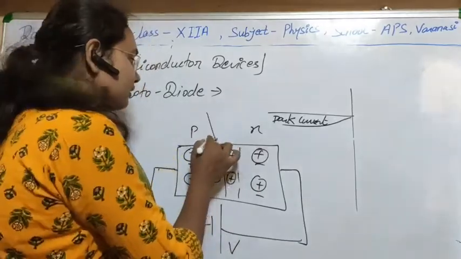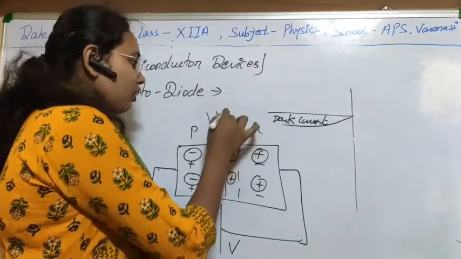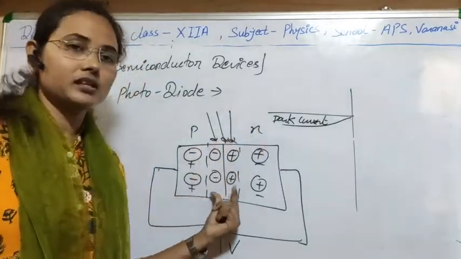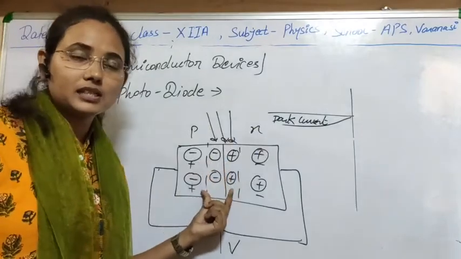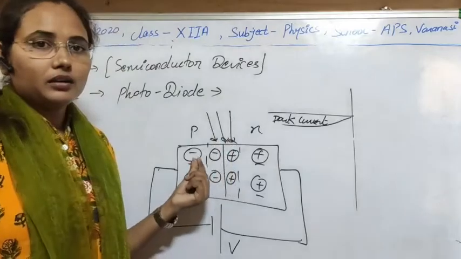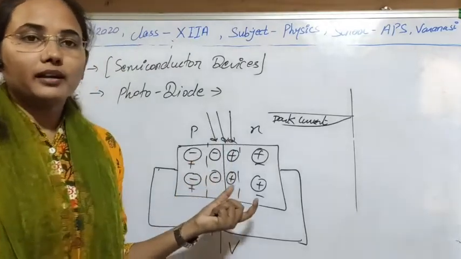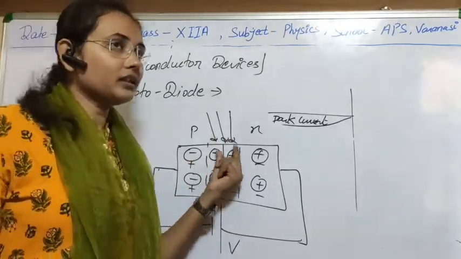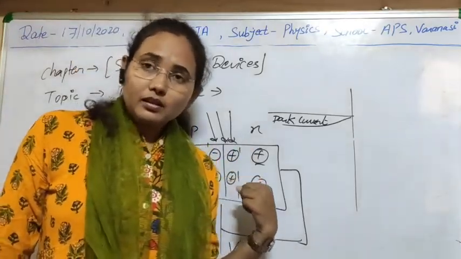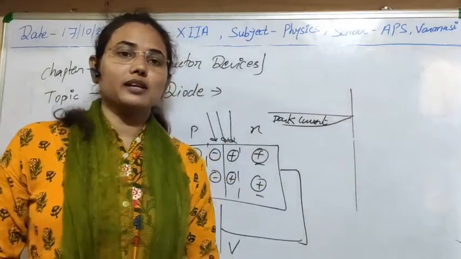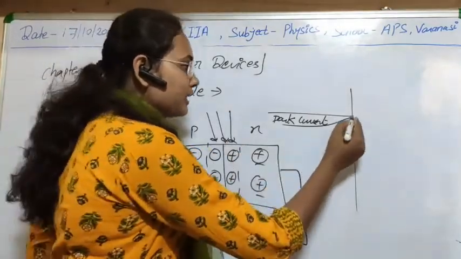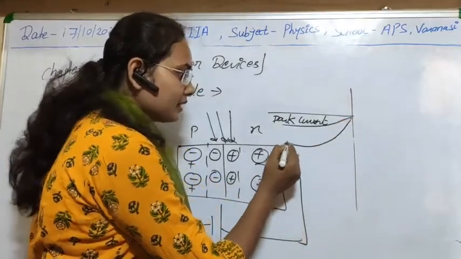So if light of suitable frequency falls on the junction of this PN junction diode, then this light will cause breakage of covalent bonds, and a large number of electron hole pairs will be produced here, and due to that we will get some larger current in the circuit.